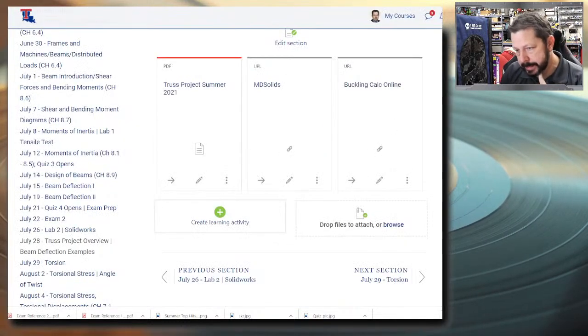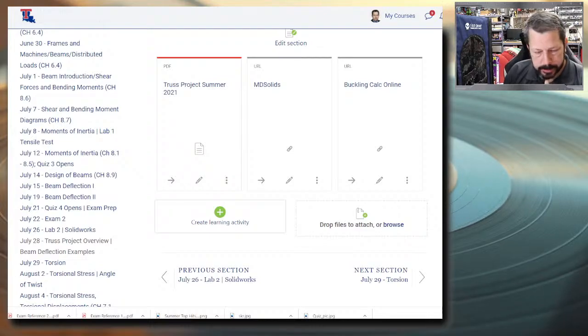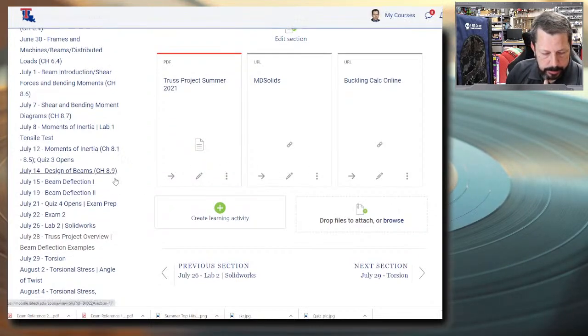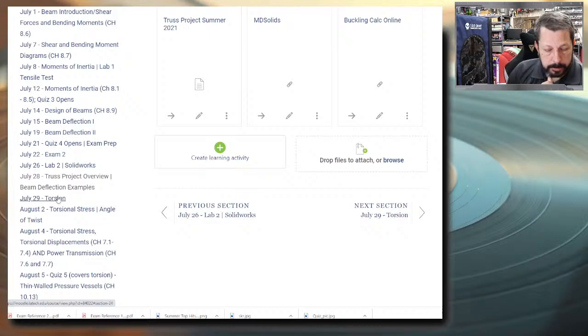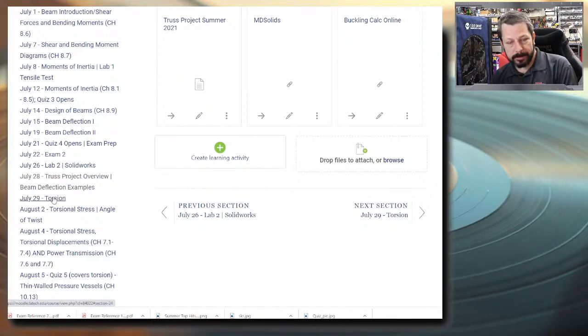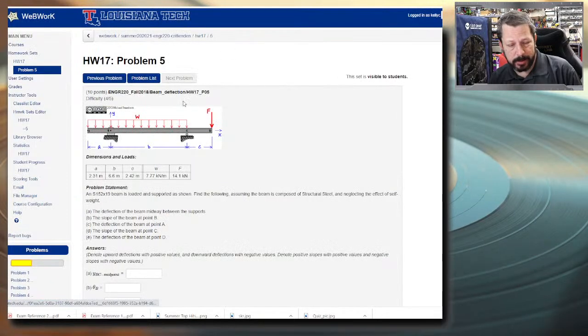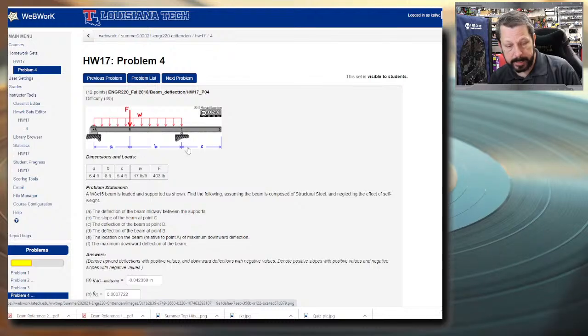All right, I didn't see any particular questions pop up in the chat, so tomorrow we will come in and start our torsion. I'll also show you some SolidWorks things. If you still are having questions with beam deflection, particularly if it's this one that we worked, not that one. Yeah, that one.